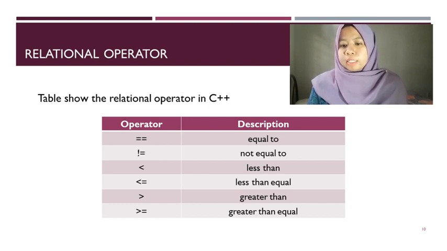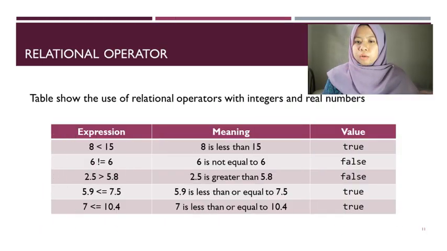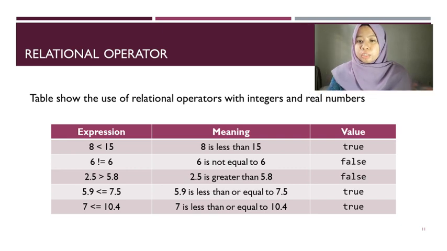Then we have less than or equal, and greater than or equal. This is some example of logical expressions that use the relational operators. The table shows the use of relational operators with integers and real numbers.